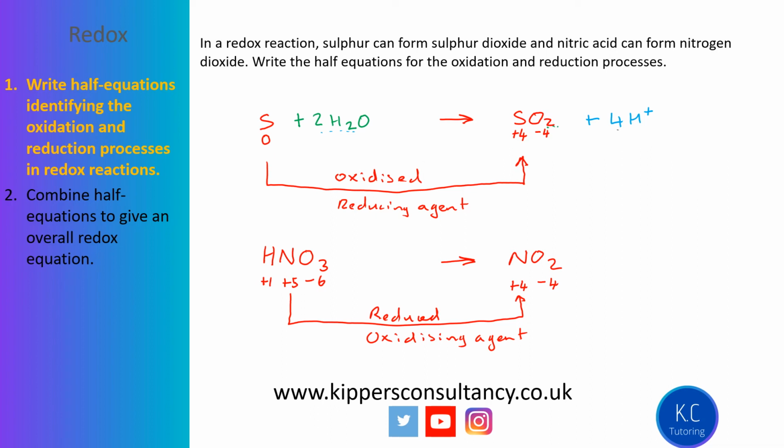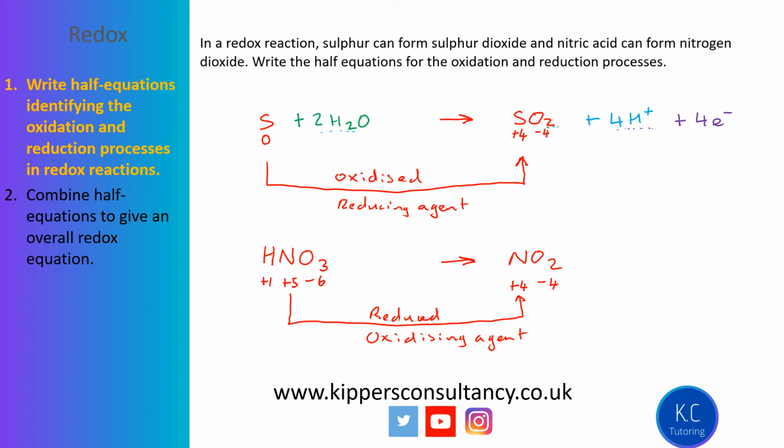So I have created a charge of +4 here on the right hand side, so I need to balance that out, and you can see that the charge on the left hand side is 0, so I need to add 4 electrons. We balance charge by adding electrons, so I add 4 electrons to the right hand side, and there I have my balanced half equation for the oxidation of sulfur to sulfur dioxide.